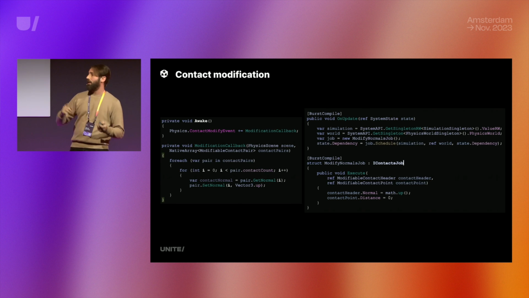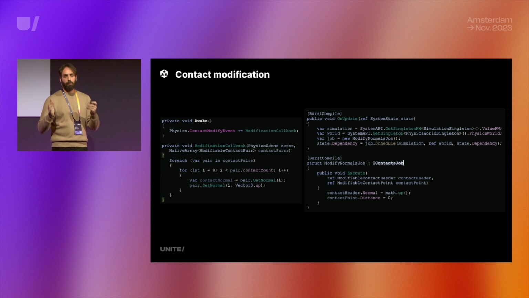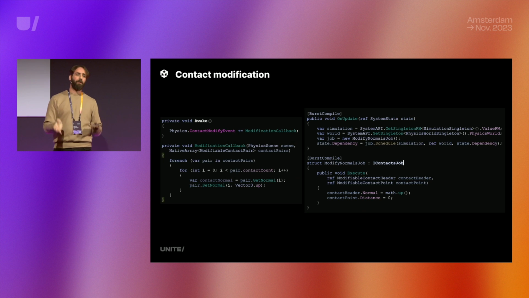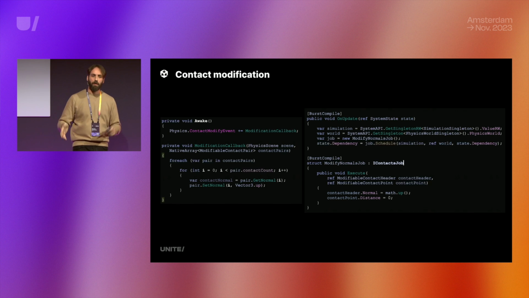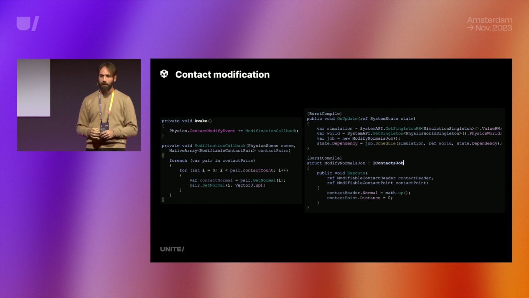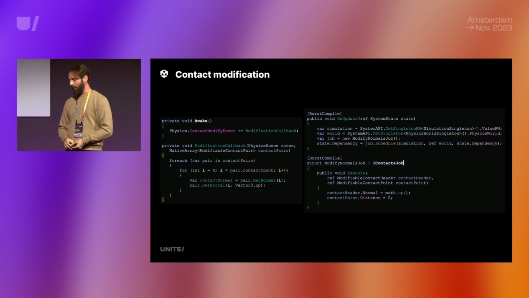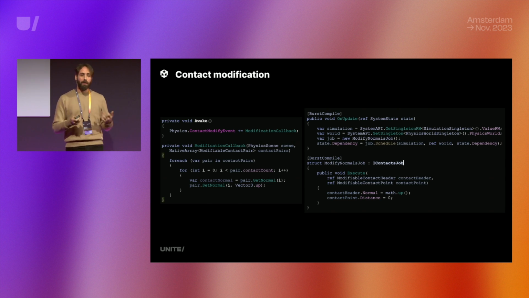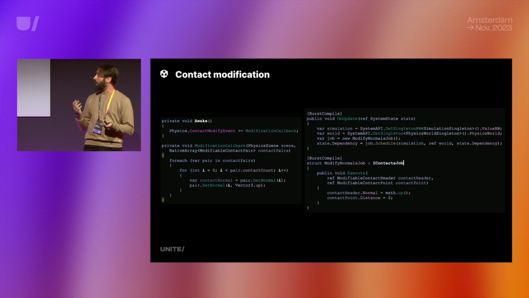Consider also that we have another API for continuous detection, meaning that if you have contacts that happen through CCD, you will need to use the Physics.ContactModifyEventCCD event. We have two events for different contact detection systems, so just hook up to both of them and handle the collisions that way. For Unity Physics and Havok, we have jobs. We have the IContactsJob that allows you to detect the collisions and analyze them in parallel in jobs.